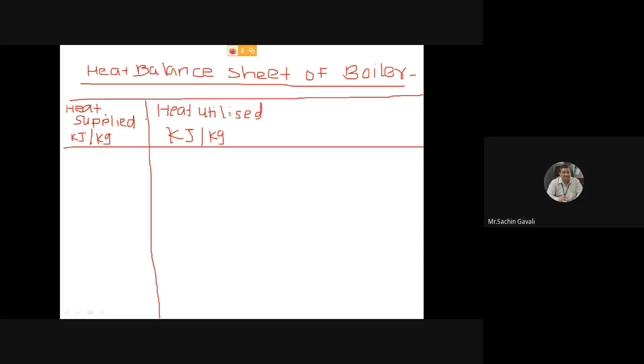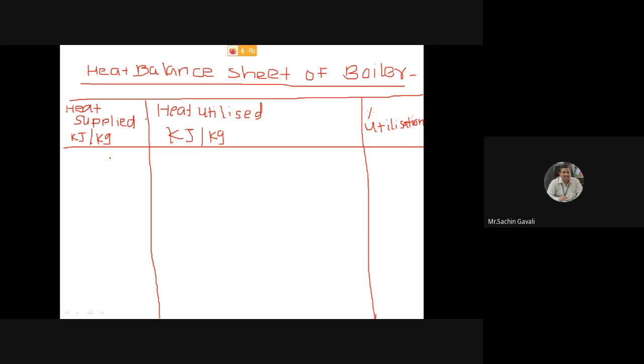And for the last column, heat supplied is medium width, heat utilized is more width, and afterwards the last column is percentage utilization. So the heat balance sheet of a boiler consists of three columns: heat supplied in kilojoule per kg, heat utilized in kilojoule per kg, and percentage utilization.